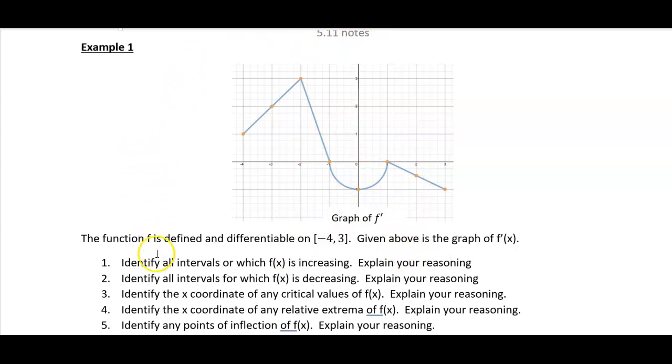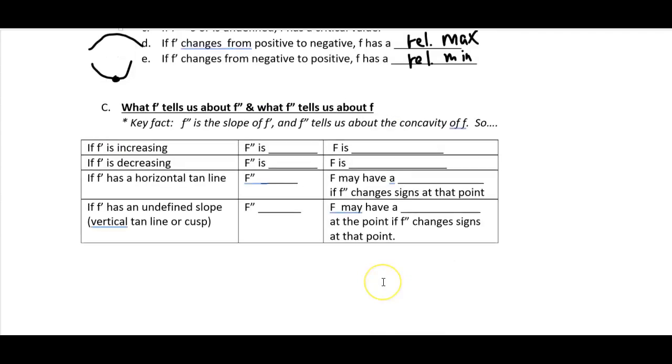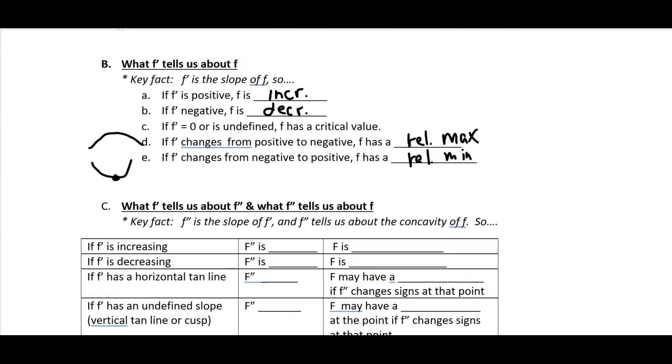So the first thing it says is identify all intervals for which f is increasing, and then explain your reasoning. Okay, so up here, we identified the fact that f is increasing whenever f prime is positive.